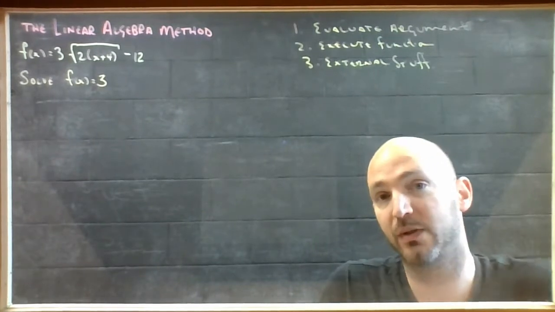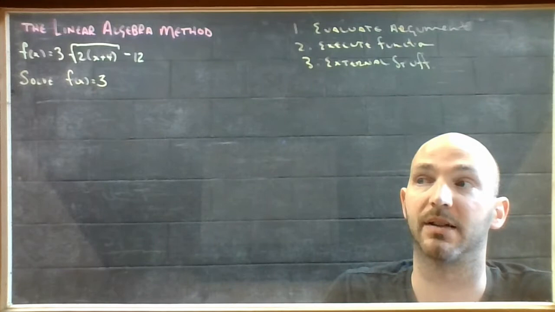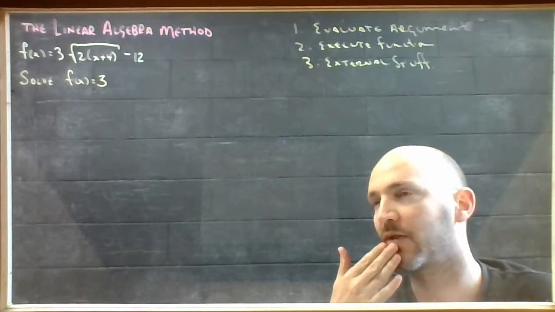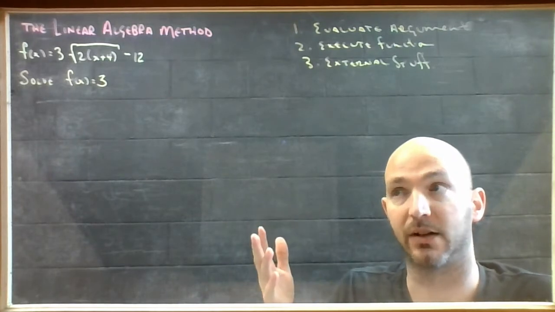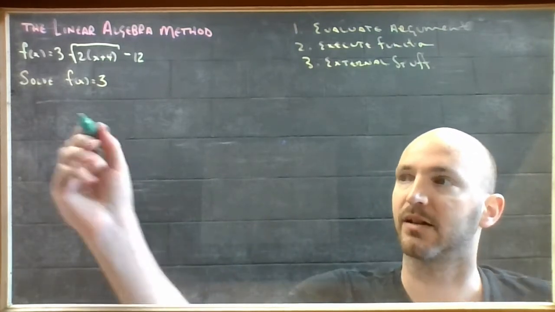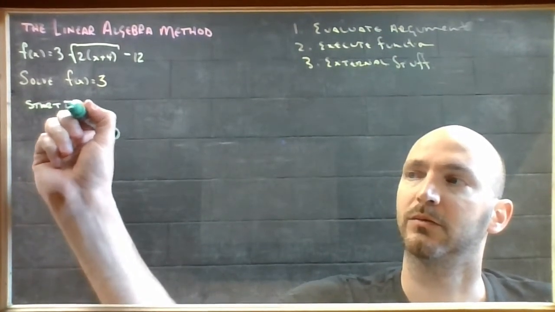And if we can undo them in the correct order, then we'll have returned the input that gave us 3 as the output. So the first thing you have to do is imagine that there is an answer. So let's start with that. Let's start with x.